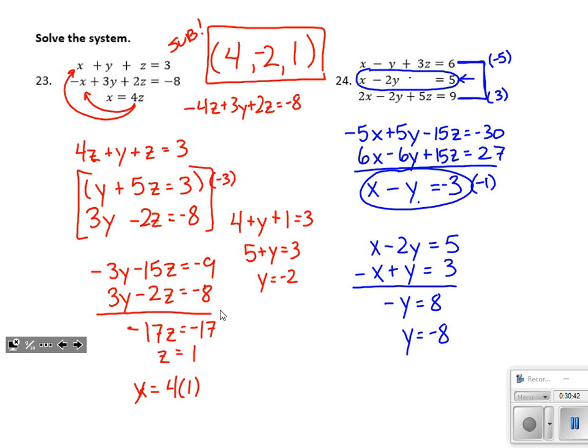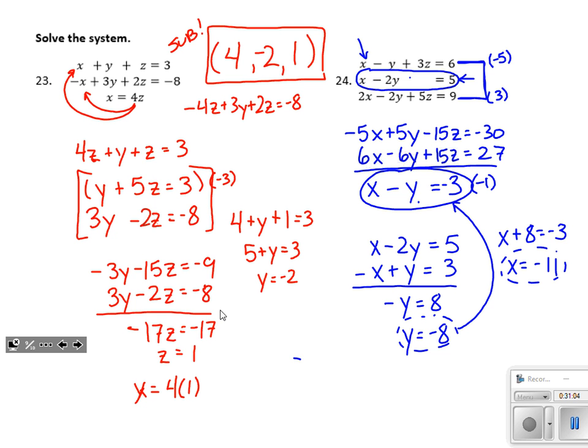All right, and now we just work our way back. If y is equal to negative 8, then let's go to this equation. X minus that negative 8 is equal to negative 3. X has to be negative 11. And let's plug both of those into an earlier equation that seems easy to work with. I'm going to choose the top one.